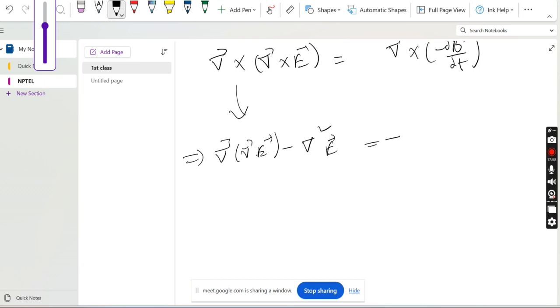For a charge-free medium, divergence of E is 0.